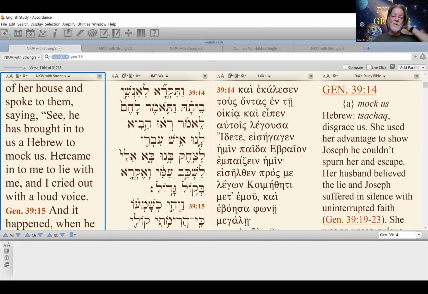Potiphar's wife goes on. He came in to me to lie with me. Now, when the Bible says he came into me, that can mean sexual relations. But since she's just talking about, she's accusing him of bad intentions, okay? Well, she will be accusing him of rape.